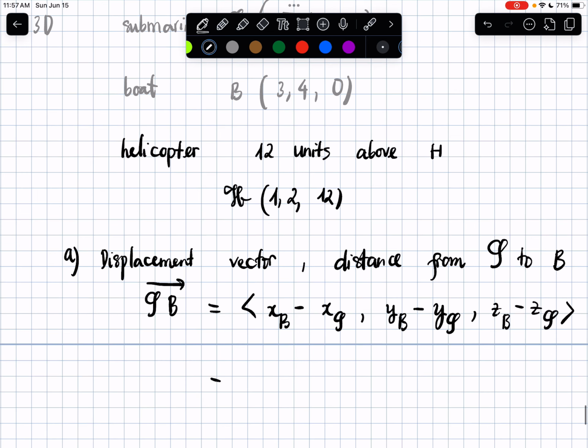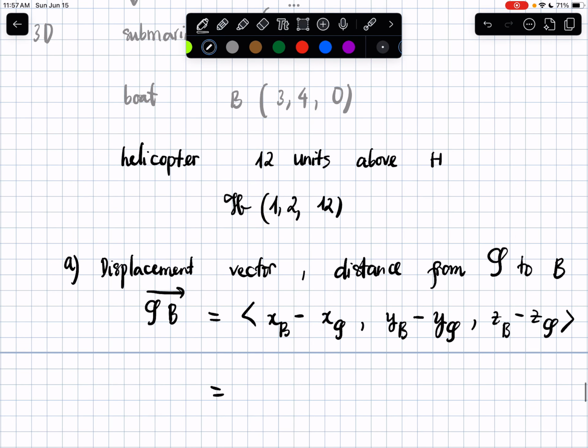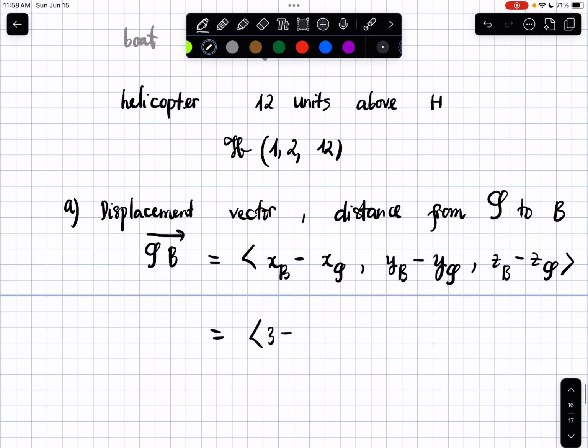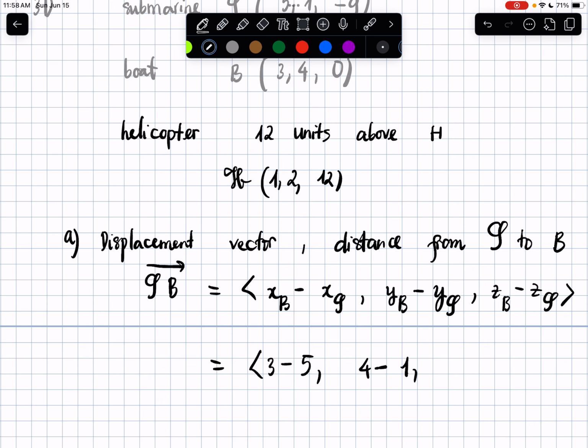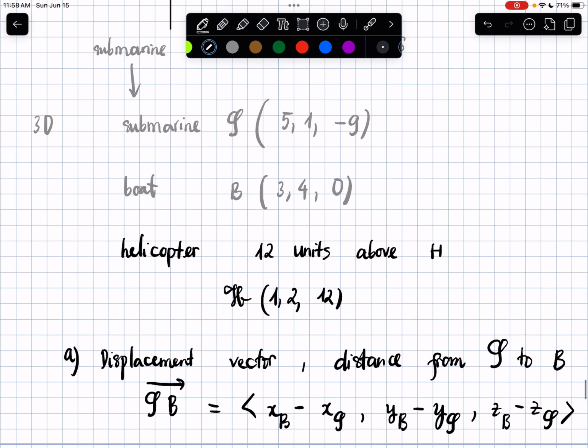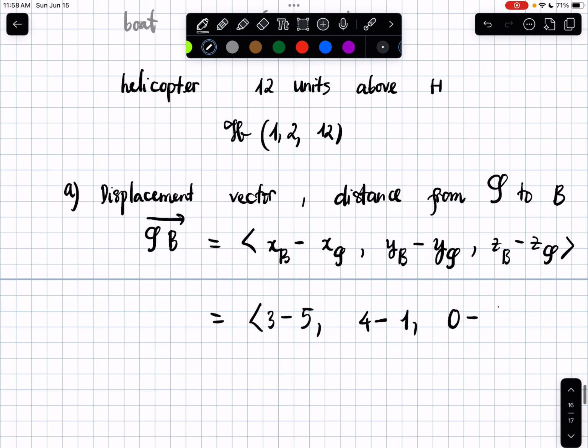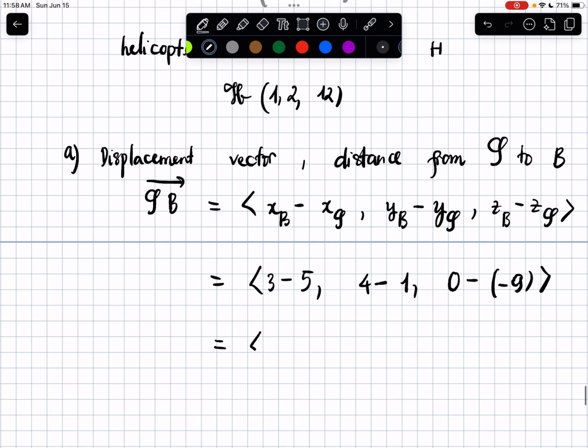B is 3, 4, 0. 3 minus 5, 4 minus 1, and 0 minus 9, which is minus 2, 3, minus 9.